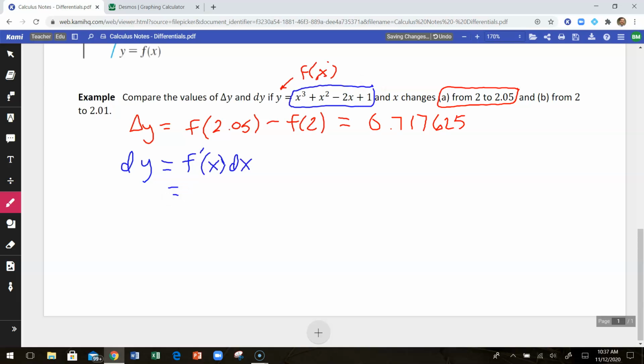I'm going to take the derivative, which would be 3x squared plus 2x minus 2. I have that times my change in x. Now, what I'm concerned about is what is happening at 2. That's my initial x value, my initial point of concern. So we are going to plug in 2 into this.